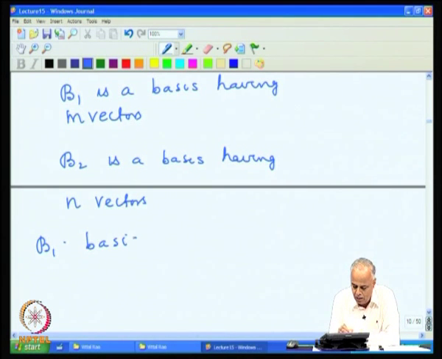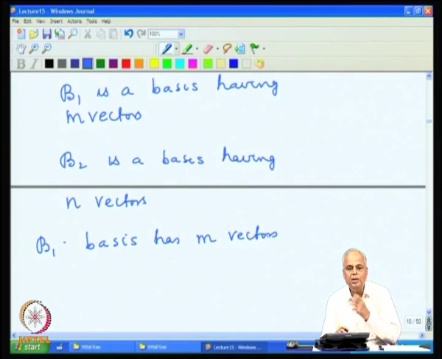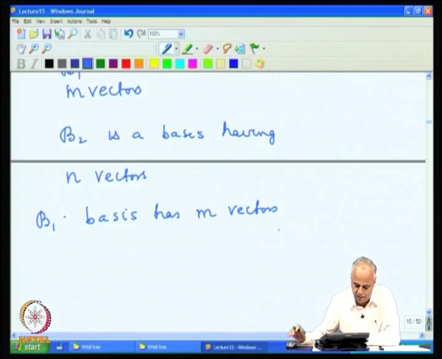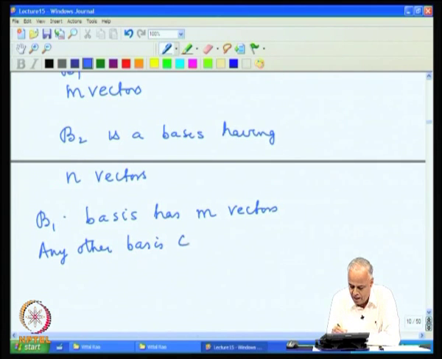If the B1 basis has m vectors, we have just now seen that if you have one basis having m vectors, all other bases can have at most m vectors. So, any other basis can have at most m vectors.